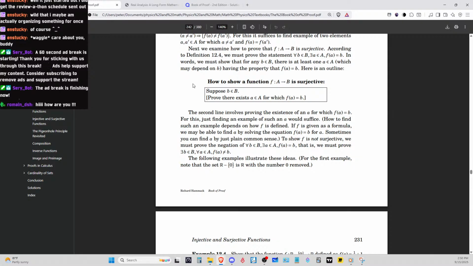How to find such an example depends on how f is defined. If f is given as a formula, you may be able to find A by solving the equation f of A equals B for A. Sometimes you can find A by plain common sense. To show f is non-surjective, we must prove the negation of for all B in B, there exists an A in A such that f of A equals B.